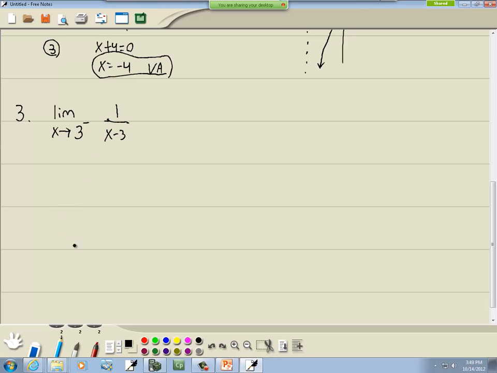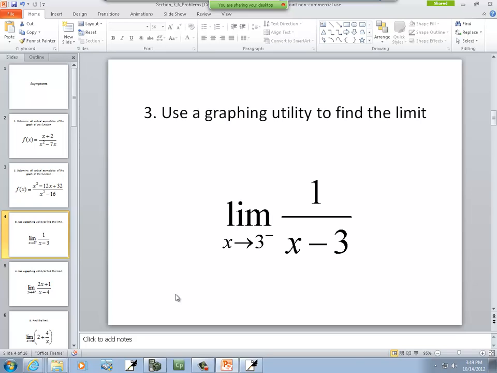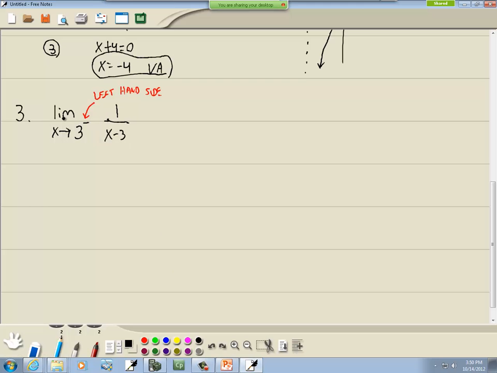Now if you remember these from earlier on when we covered limits, what looks like the negative power says from the left-hand side. The instructions here say use a graphing utility to find the limit. So we're studying the limit as x approaches 3 from the left-hand side. Obviously if I put 3 in here, 3 minus 3 gives me a 0 in the denominator.